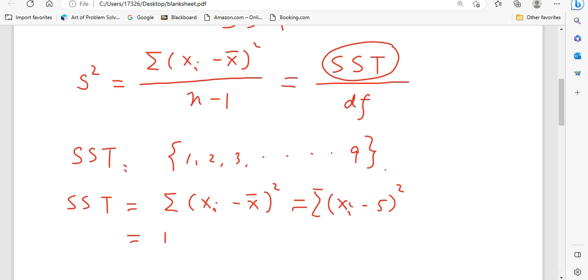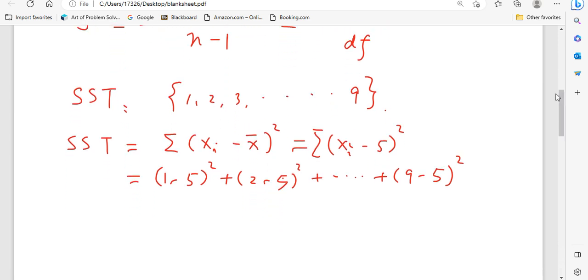So this is 1 minus 5 squared plus 2 minus 5 squared, plus until 9 minus 5 squared. This is SST. For this number, it's not so hard, we can easily find it. This equals 4 squared plus 3 squared plus 2 squared plus 1 squared, then plus 0 squared, then 1 squared, 2 squared, 3 squared, 4 squared.